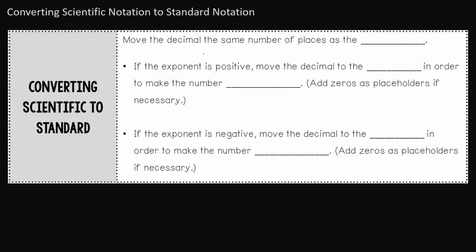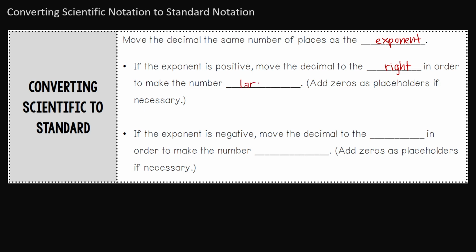So in this case, we're going to move backwards. We're going to move the decimal the same number of places as the exponent. So if the exponent is 6, we're going to move the decimal 6 places. Now if the exponent is positive, we're going to move the decimal to the right in order to make the number larger.